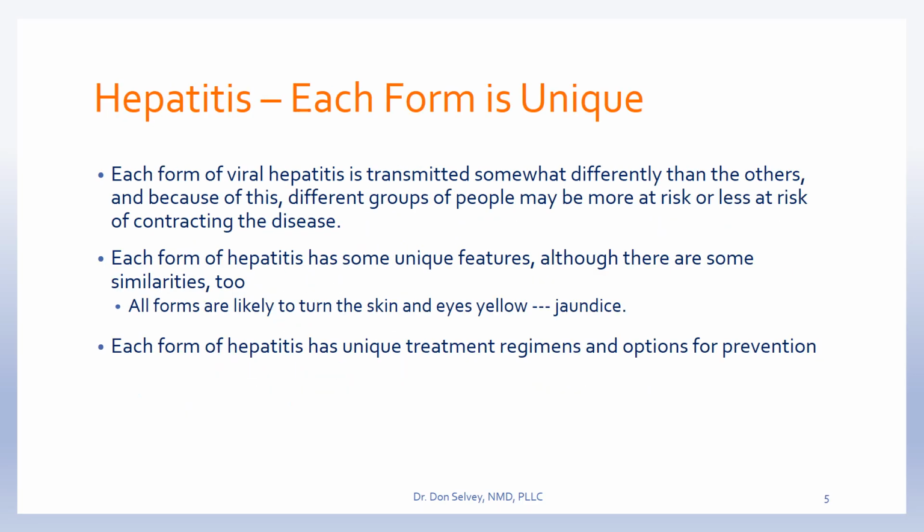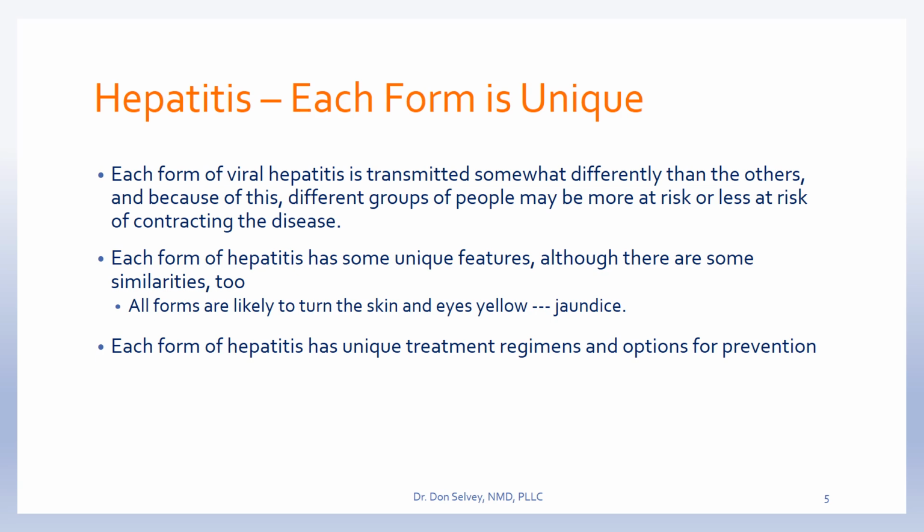So each form of the viral hepatitis organism is not only unique and different from each other, but the viruses are transmitted differently from one person to another. And because of that, different groups of people are more or less at risk of contracting the disease.